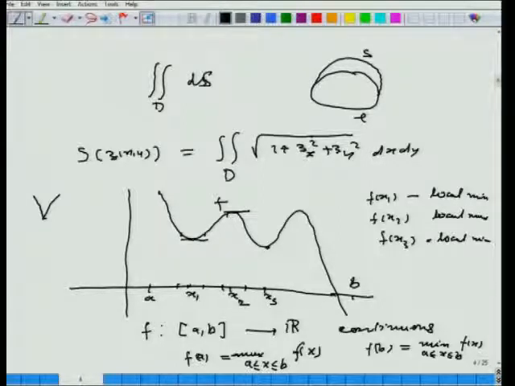That means the derivative is 0. f prime at x1 is 0, f prime at x2 is 0, and f prime at x3 is also 0. So if the function has a continuous derivative at all points in the interval a to b, then at these local minima or local maxima the derivative of the function becomes 0.